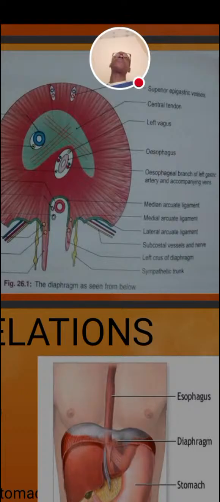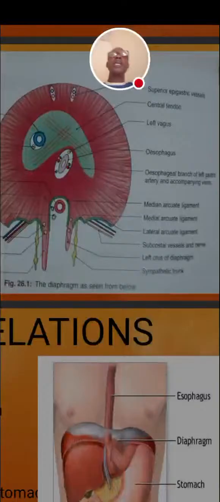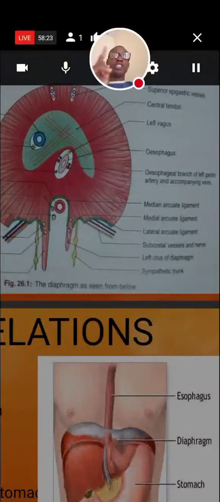Moving away from there, we talk about the left and right crus, the vertebral origin of the diaphragm, meaning the diaphragm originates from the vertebrae. In the vertebrae, there are two places, the left crus and the right crus.